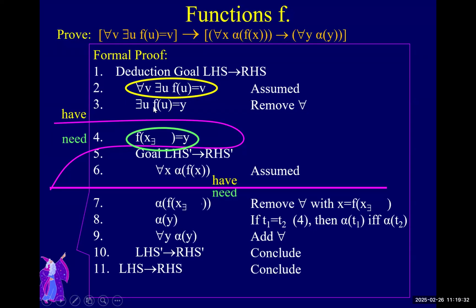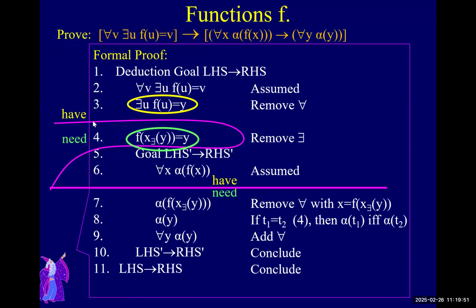So everybody see I ripped off the for all v and replaced it with the y. And then I say, oh, there exists a u. Who is that u? Anybody know why I have a little space here? It's because I have an x, but the x depends on the y.